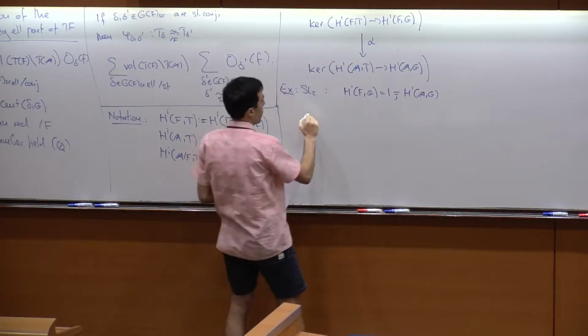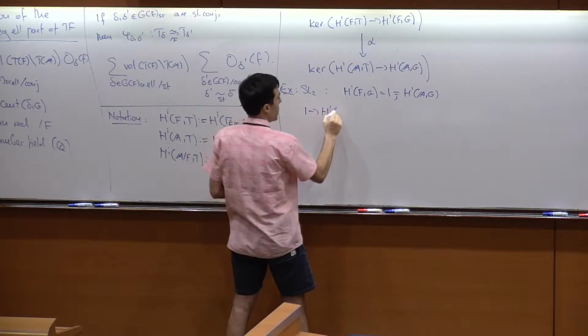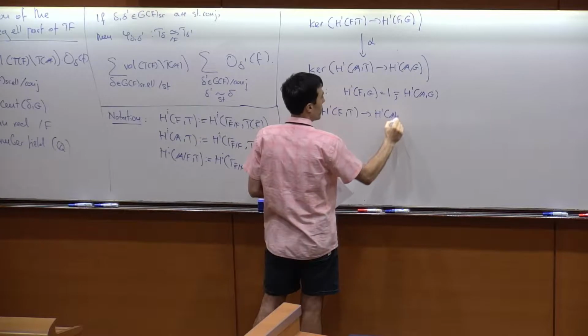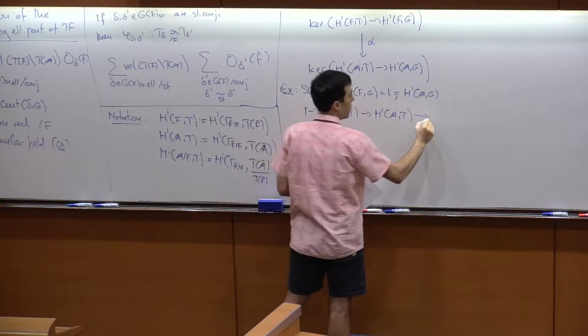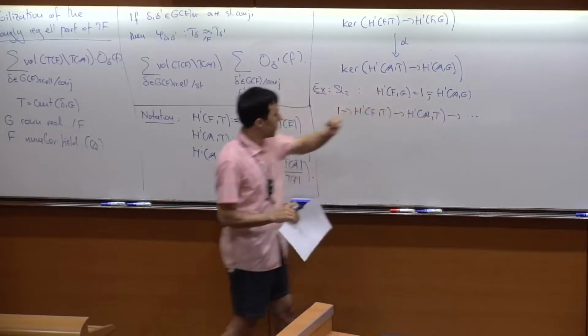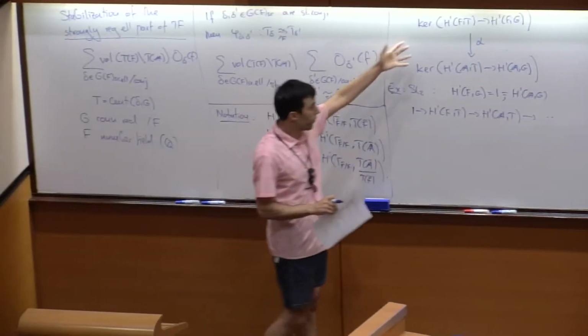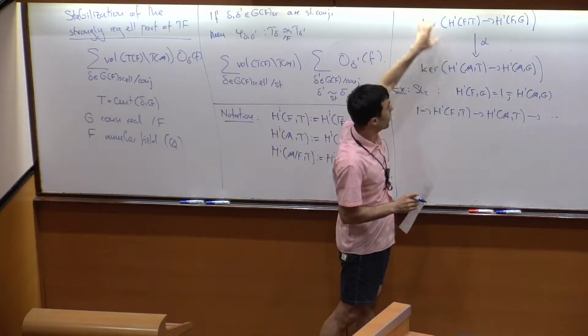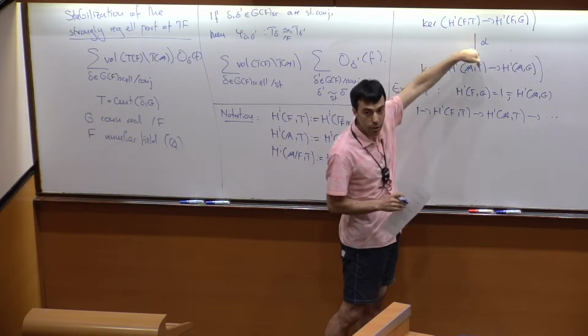The second thing that happened was that this map was actually injective. And so this also fails in the general case. So in the general case, we have to worry about these kernels, and the natural map is not injective.